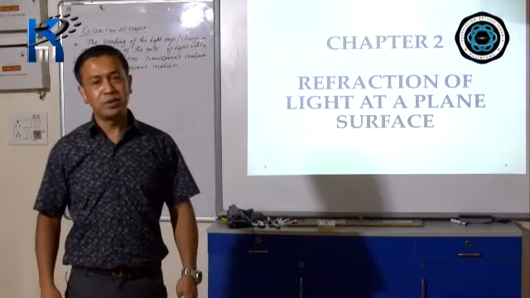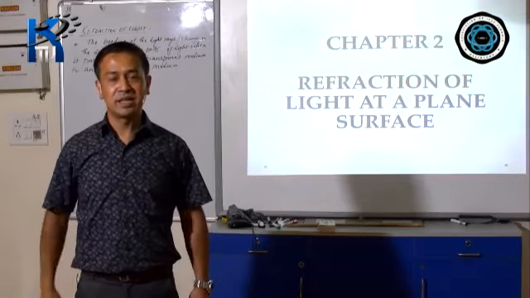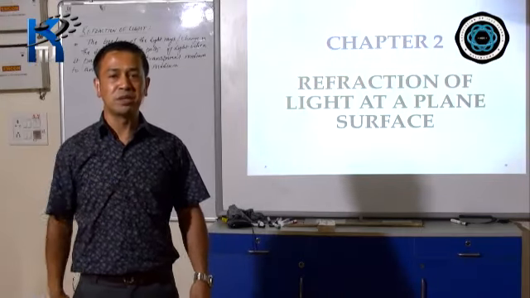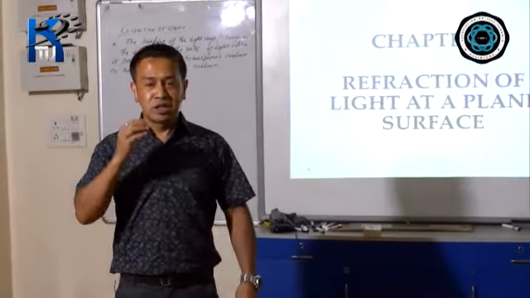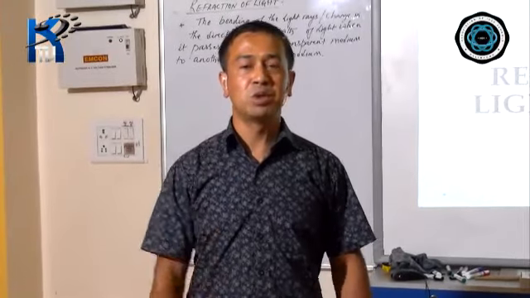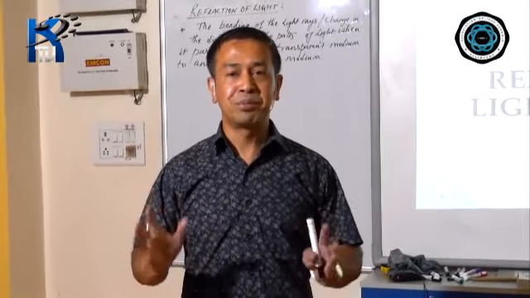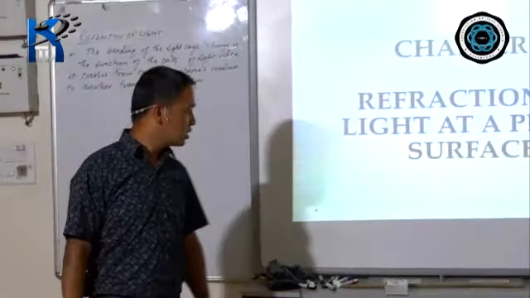The path of the light will change; there will be a bending of light from one medium to another. This bending of light rays is a phenomenon known as refraction of light. So, my dear students, we start with the refraction of light.